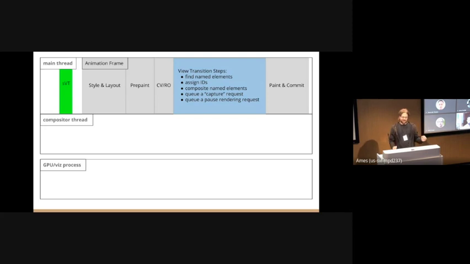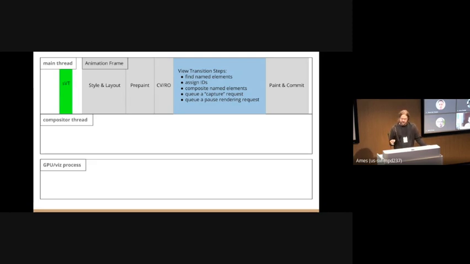Now, I'm kind of going to squish things because I need a lot of space. But when the animation frame happens, we run our typical life cycle, and this is the stuff where we do style and layout and pre-paint and content visibility and resize observers. And after the resize observer steps, we inject view transition steps. So at this point, what we have to do is find all of the elements that were named with the view transition name.